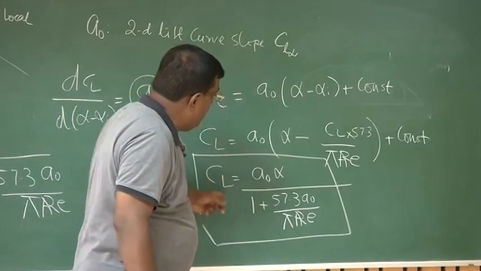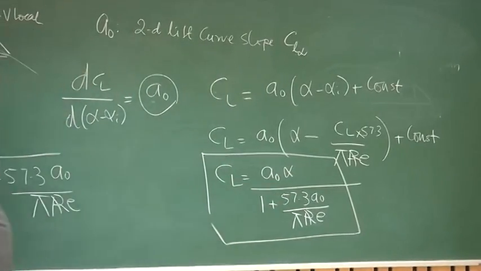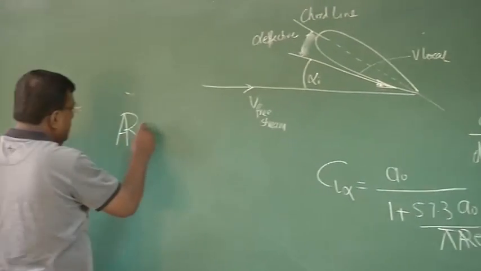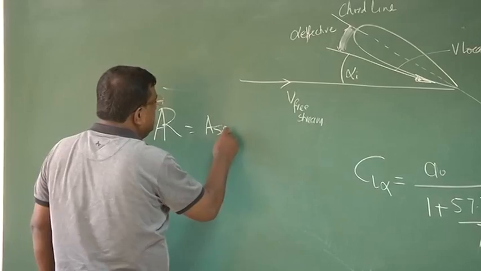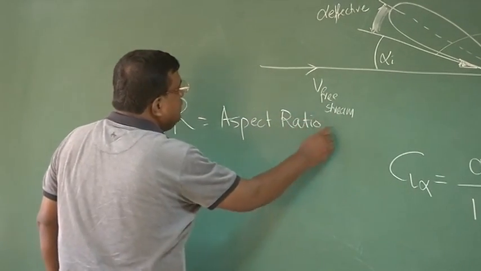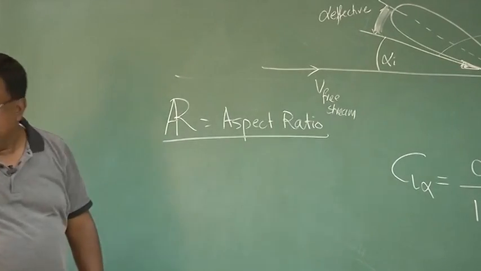In this whole expression, there is one term which I am writing as A, that is the aspect ratio. We need to know what this aspect ratio is. Remember, we'll go back again.